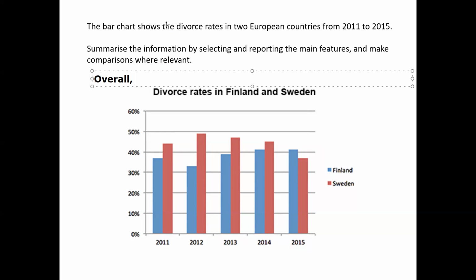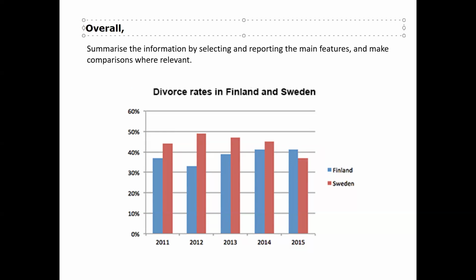So for example, the first one, if I want to talk about it, it can be clearly seen that, for example, the first one, Finland. It can be seen that Finland, the divorces.